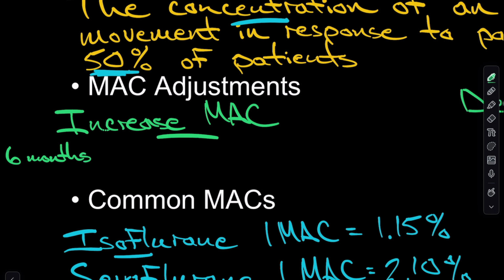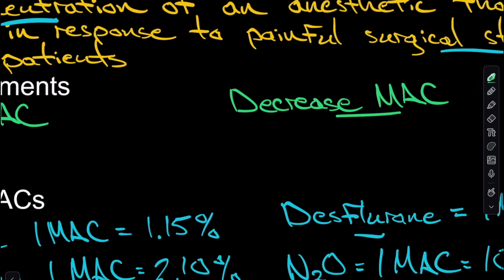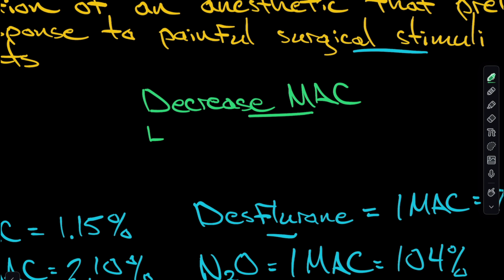And then as you get older, we'll say like elderly patients, that's going to decrease your MAC value because they will go to sleep or receive anesthesia. They'll be more sensitive to the volatile anesthetic.